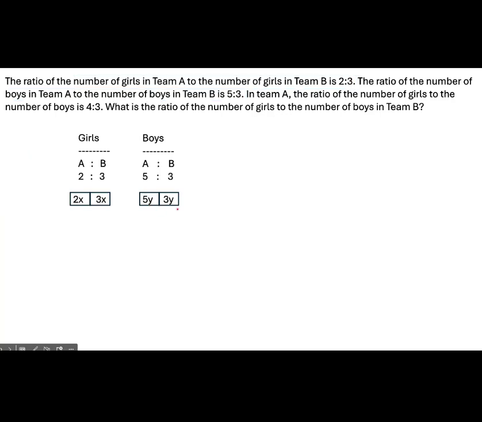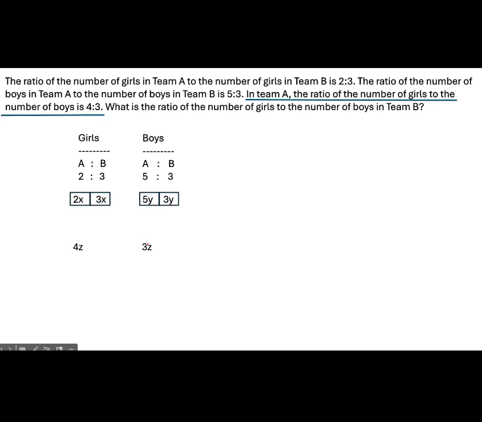The third statement is that in team A alone, the ratio of the number of girls to boys is 4:3. So the number of girls in team A to the number of boys in team A is 4:3, which can be written as the total number of girls in team A being 4z, and the total number of boys in team A being 3z, because the ratio is 4:3.